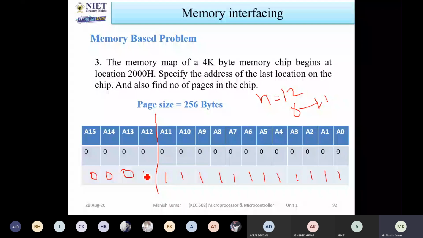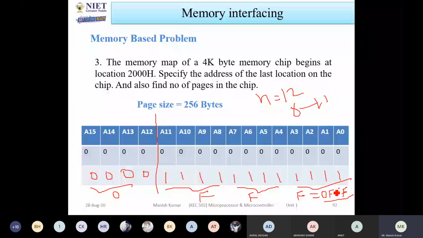We are only bothered about how many lines are there. If you convert these into hexadecimal, you get F, F, F, and this is 0. So in one line we can write 0FFF. This is the last location.